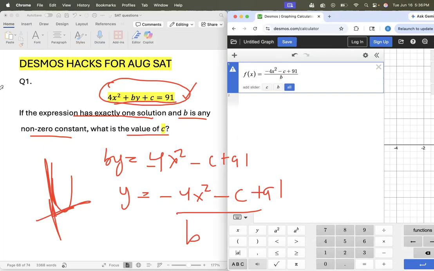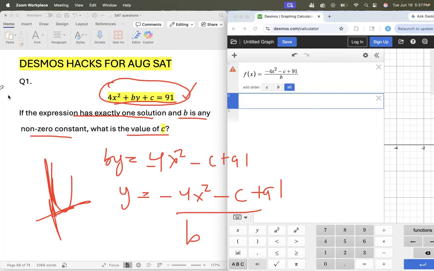You're asked for a slider, don't worry. But because we need exactly one solution, there's an algebra concept you have to know. If this is a quadratic equation with exactly one solution, that means the parabola needs to touch the x-axis at one point. Remember, the x-axis is exactly y equals 0. This is what most students don't know.